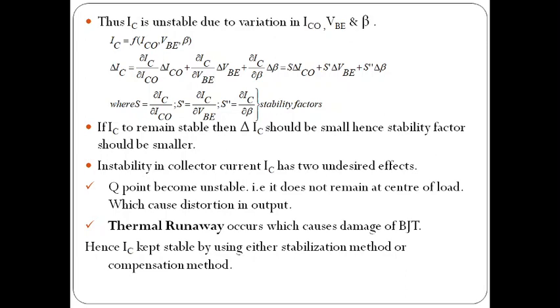In the compensation technique, we use temperature sensitive devices such as diodes, transistors, thermistors, sensistors, etc., which provide compensating voltages and currents to maintain the operating point stable. This is the compensation method.